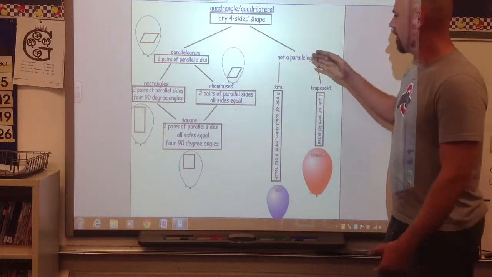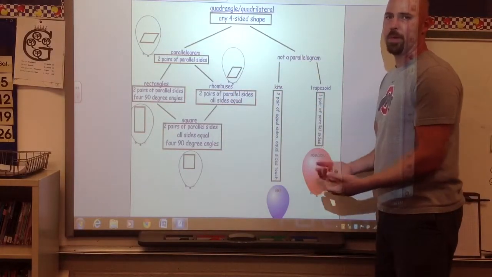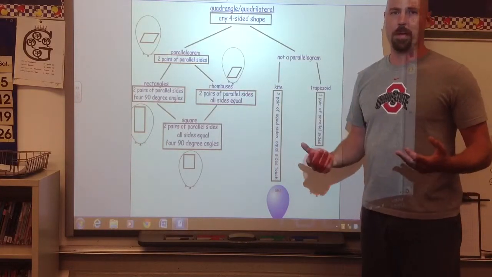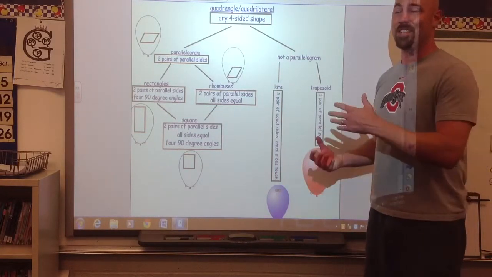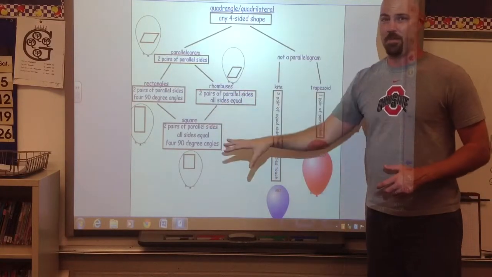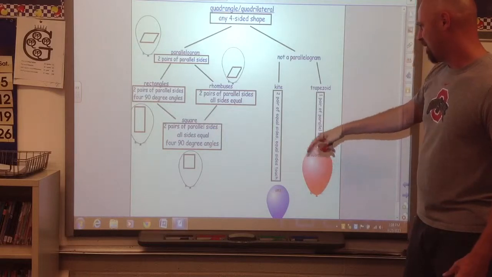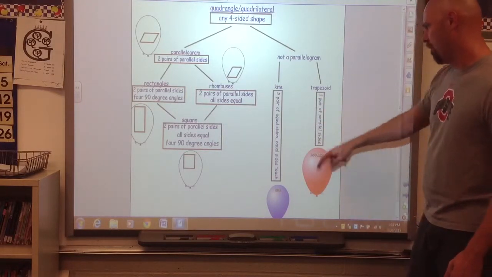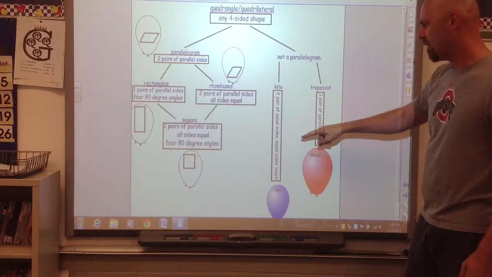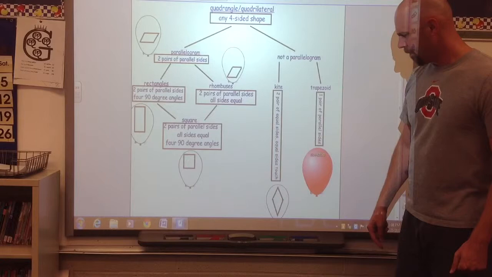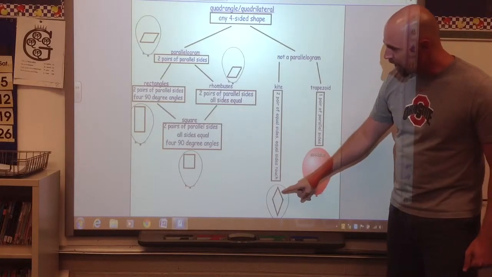Now I call these guys, the not a parallelogram group, I call these guys the weirdos. I have an uncle that's kind of a weird guy that shows up at parties and acts all kinds of crazy. So these are the guys that are like, oh, who are those guys? Because they don't fit any of this parallelogram family. So I look here and I say a kite. Well, it's not a parallelogram. What kind of rules does a kite follow? Well, it has two pairs of equal sides, but the equal sides touch each other. So if I look, I have two short sides.